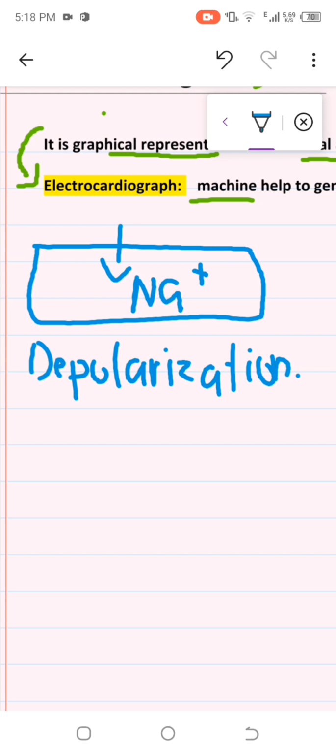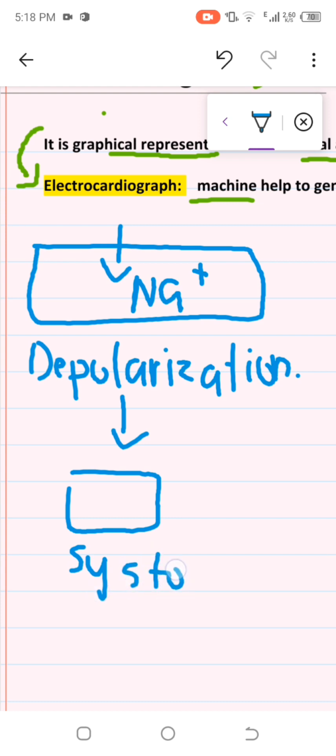Now if I'm going to contract this muscle, that is systole or contraction. So this muscle will be like this.